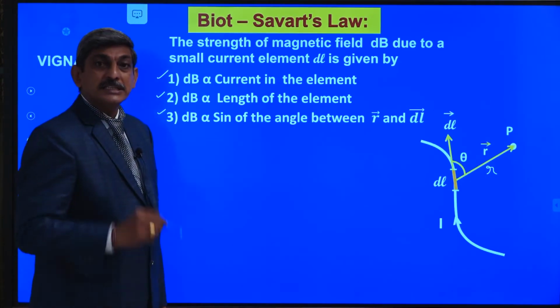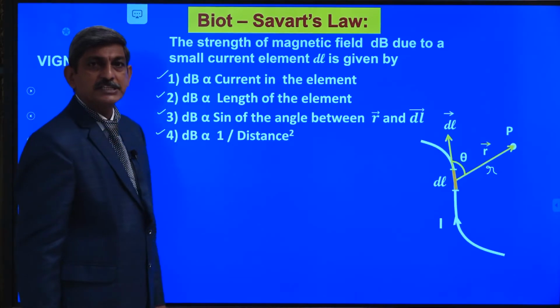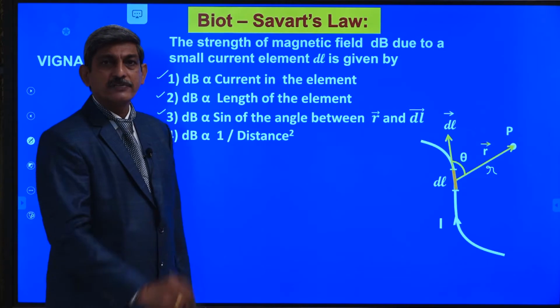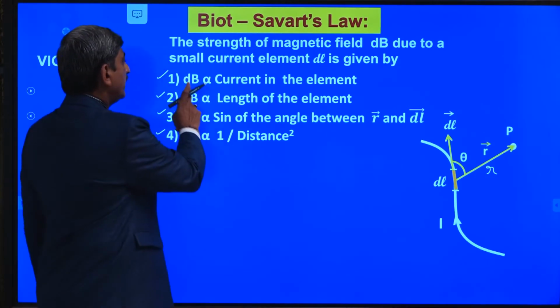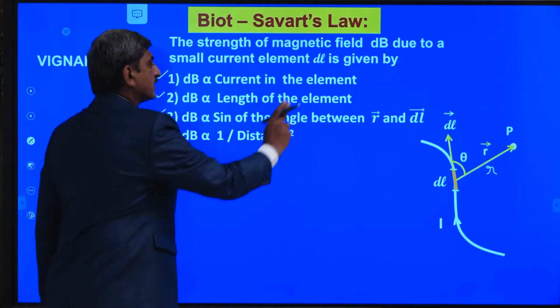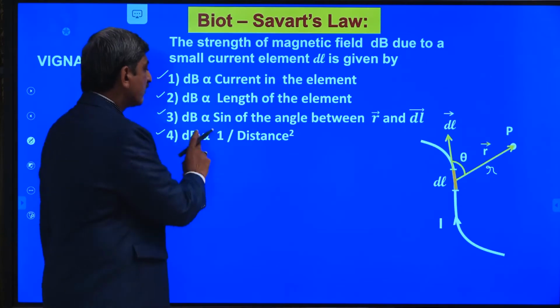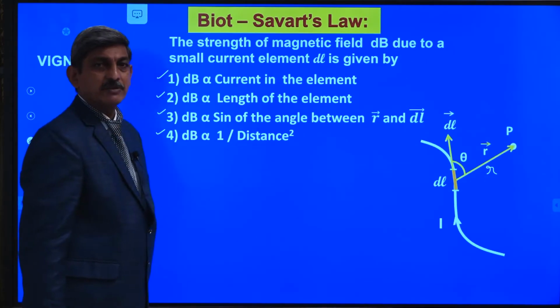And it is inversely proportional to the square of the distance. So, dB is directly proportional to the current in the element, the length of the element, and sine theta, and inversely proportional to distance square.